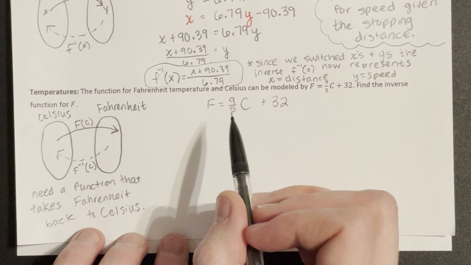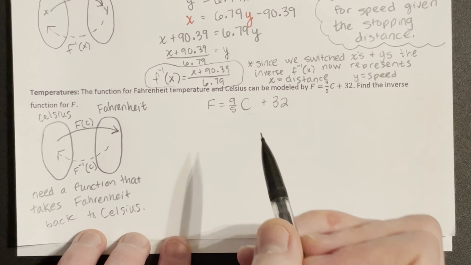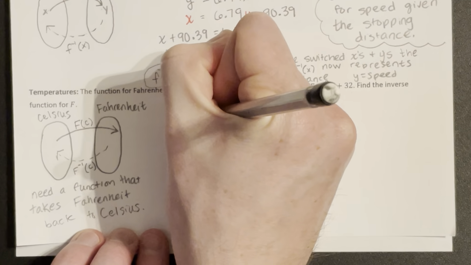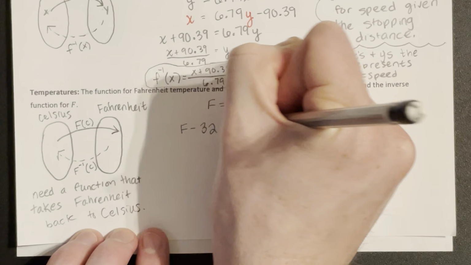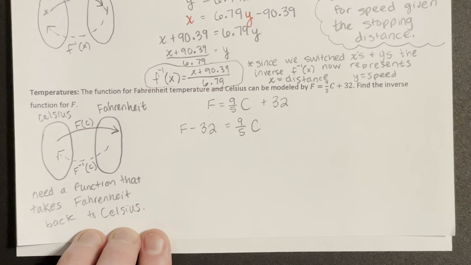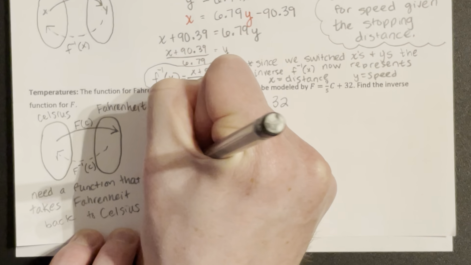So just go with me for the fact that I'm not swapping these for now, and then I'll explain what it means and why I'm not doing that. So I would subtract 32 from both sides. And then we're trying to do the inverse of multiplying by 9/5. So I can multiply by the reciprocal, which would be 5/9.